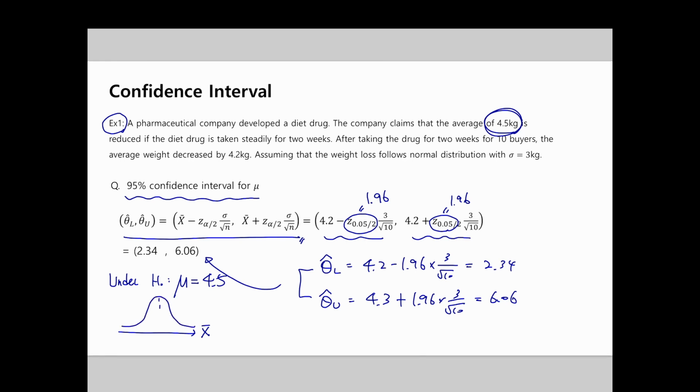And in the sample data, we can get the x bar equal 4.2 kilogram, and the corresponding confidence interval like this.